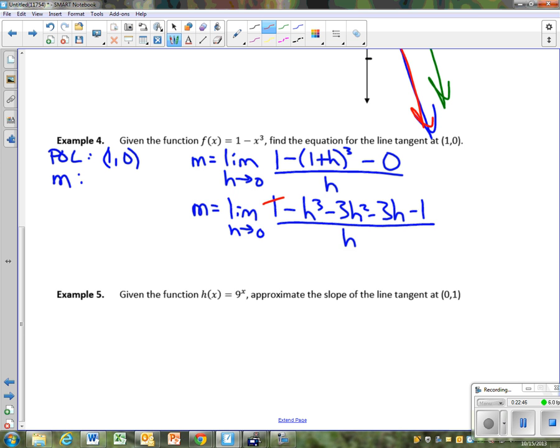They cancel. What can you do with an h? So you have m equals the limit as h goes to 0 of negative h squared minus 3h minus 3. Can you now plug in your 0? And what do you get? Negative 3. So now we can write an equation if we want to. That's what we'll pick up tomorrow, okay?